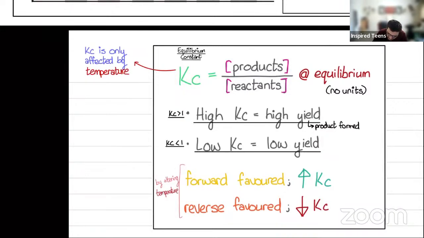There is nothing else that affects Kc except temperature. Kc is only affected by temperature. So you can only change Kc if you change temperature. Maybe let's add that in.